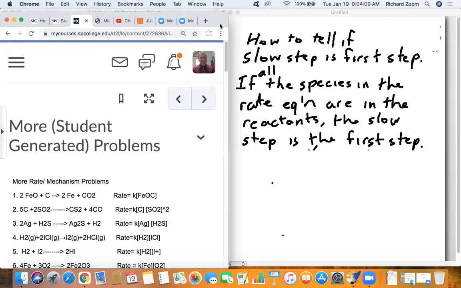Slow step, first step, number two. Last votes, come on.